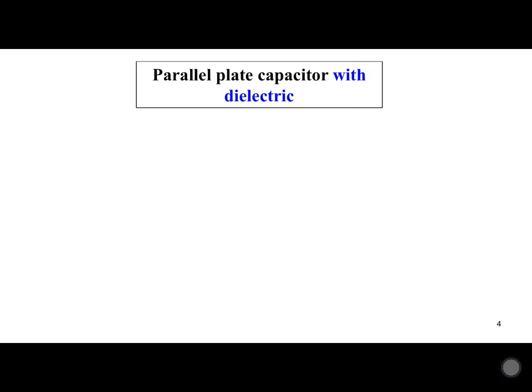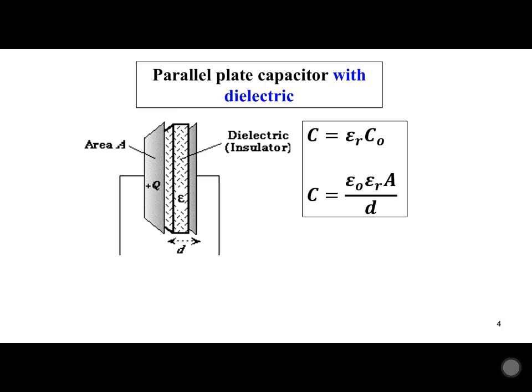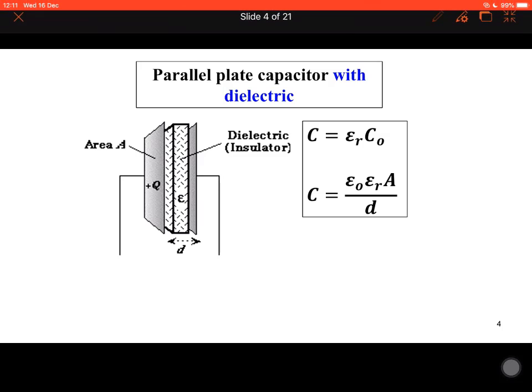To find the capacitance of the parallel plate capacitor with the existence of the dielectric, we use the equation C equals epsilon r C naught. The existence of this epsilon r represents that a dielectric exists in this capacitor.